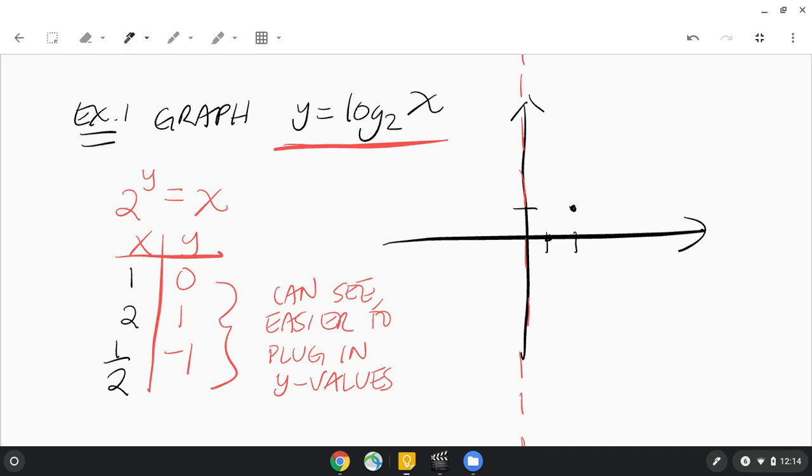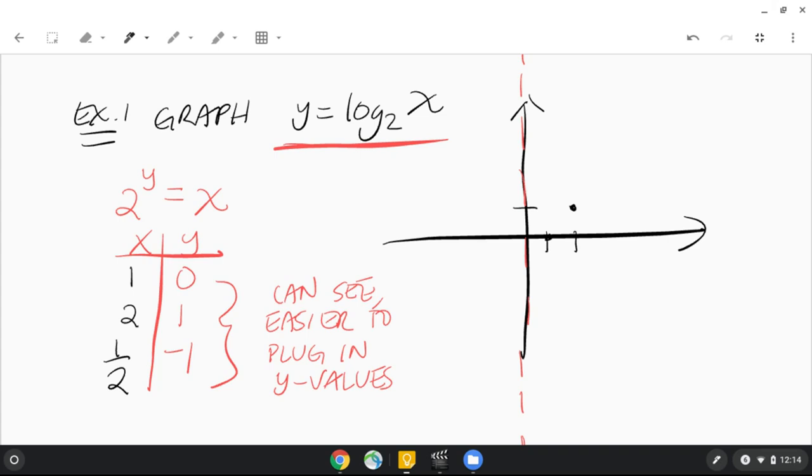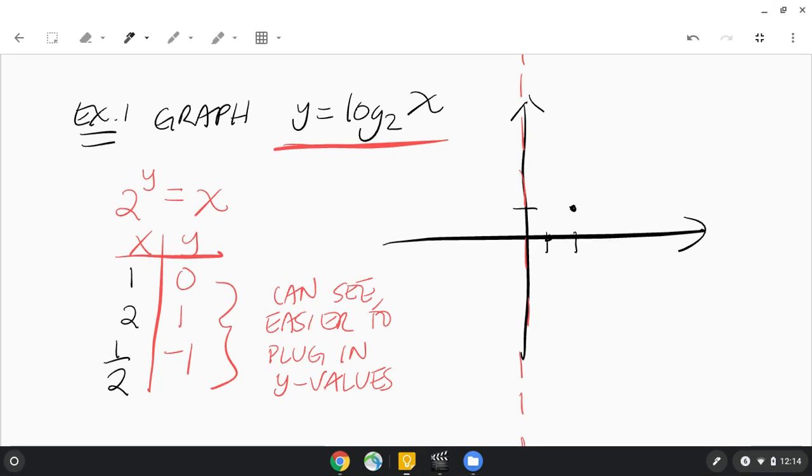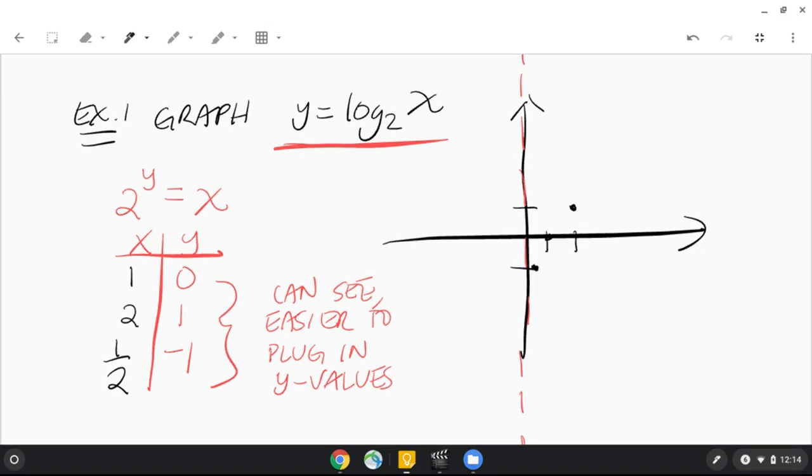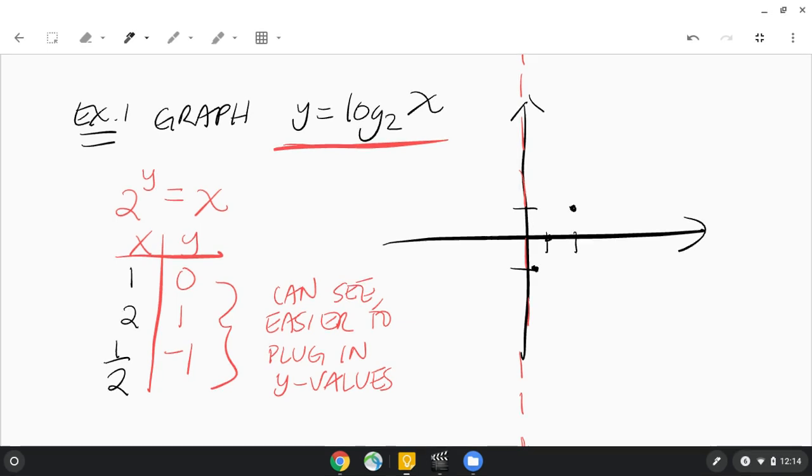Okay, 2, 1. And then over at 1/2, -1. And what happens is this is sort of like a sideways exponential graph.